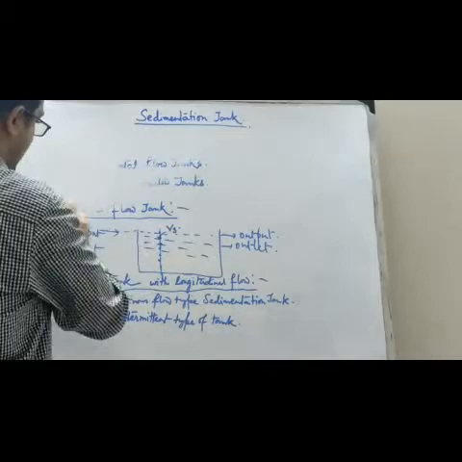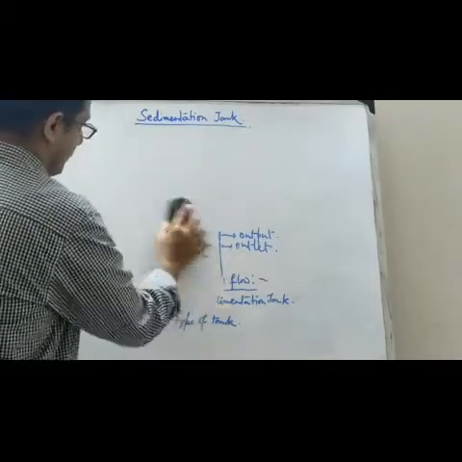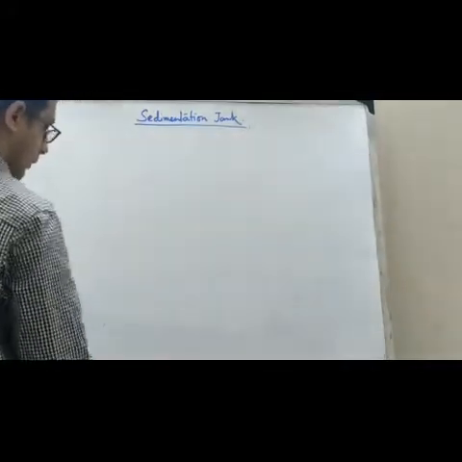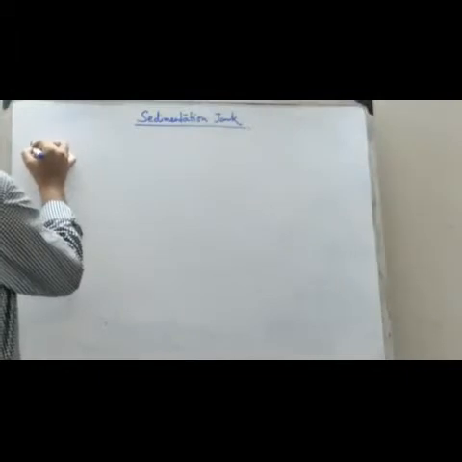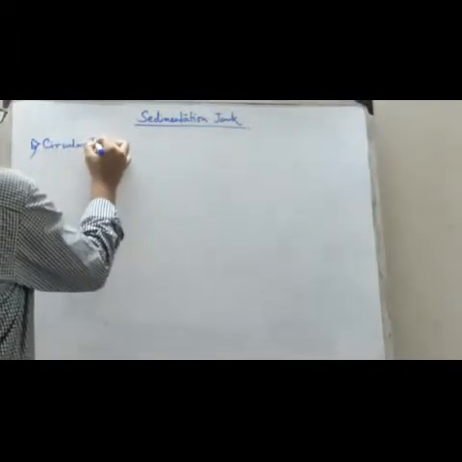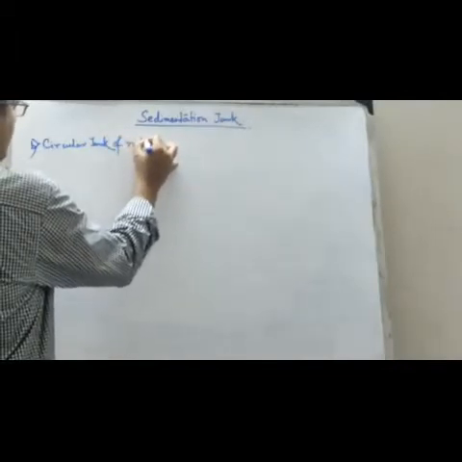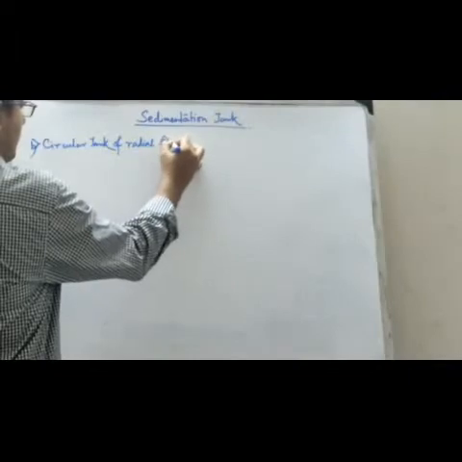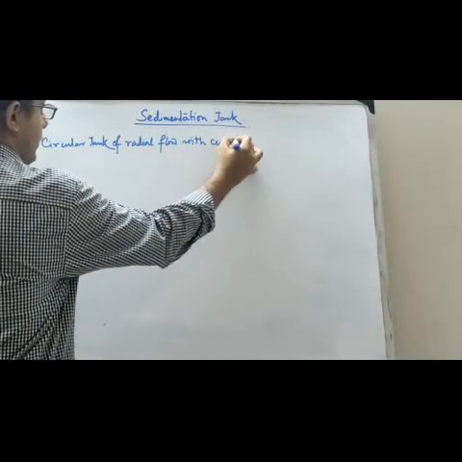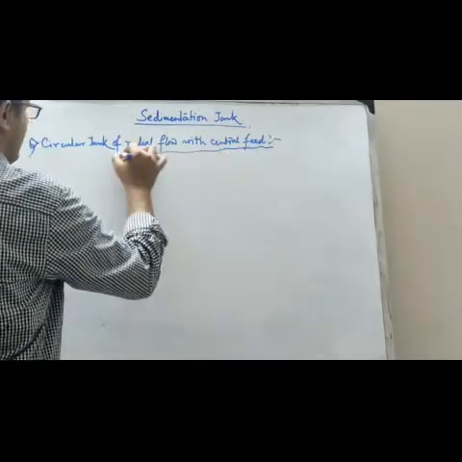So please write down, the second is the circular tank of radial flow with central feed.